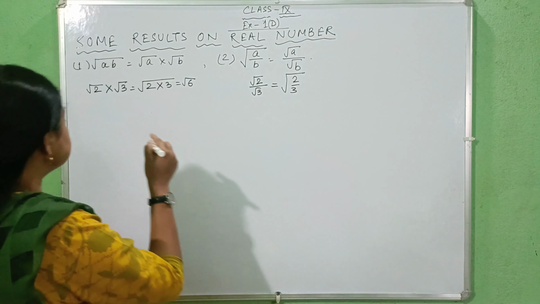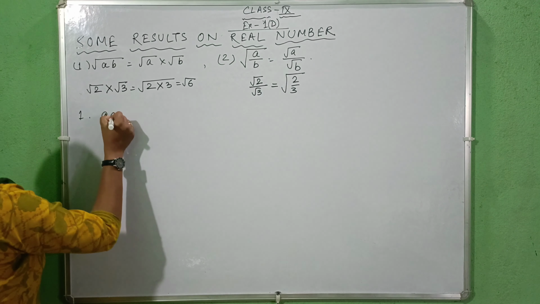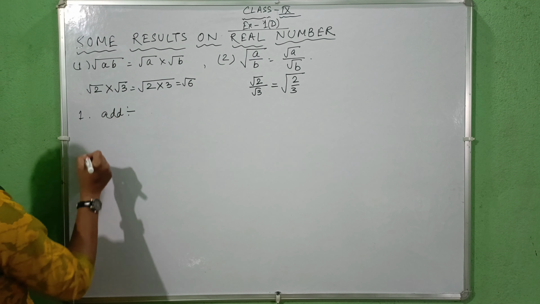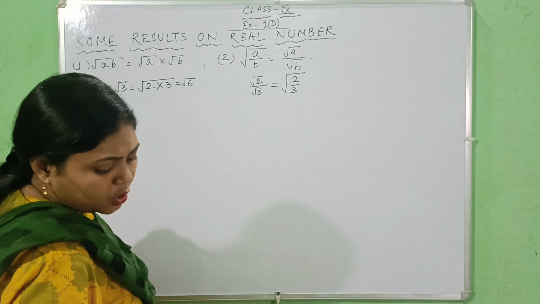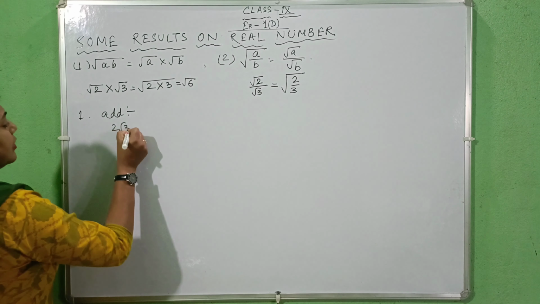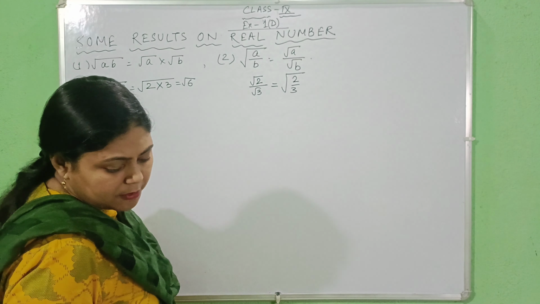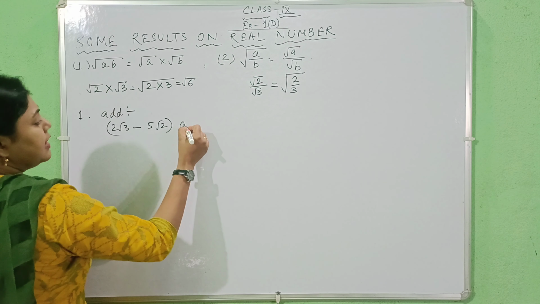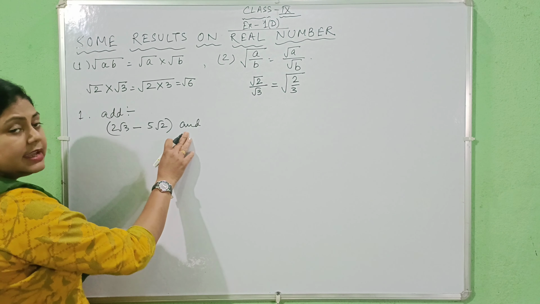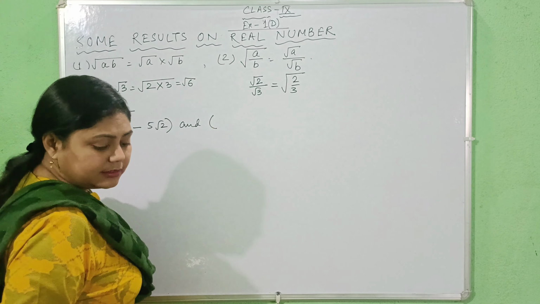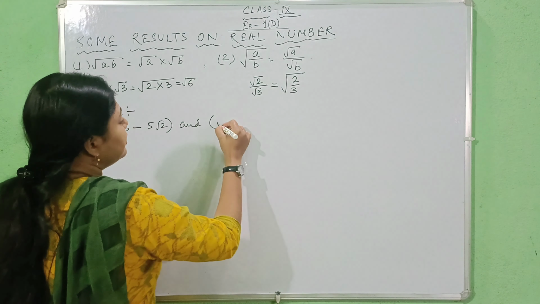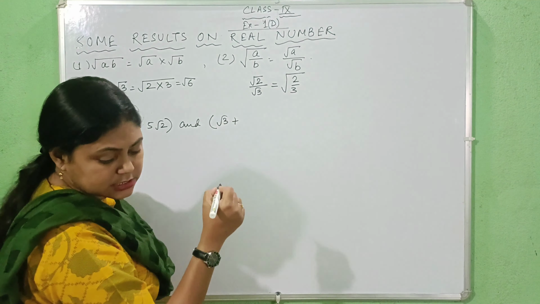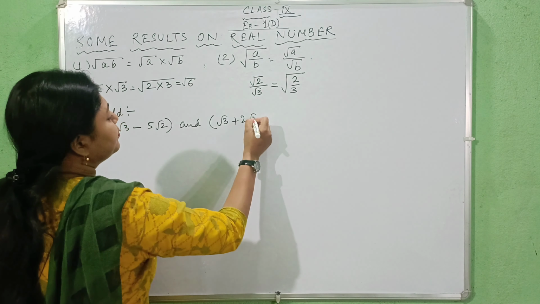The first sum is add. Okay. So what is the first sum? 2 root 3 minus 5 root 2, it is in a bracket and there is an 'and' in between. The other bracket carries root 3 plus 2 root 2.